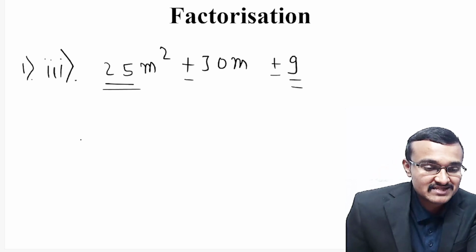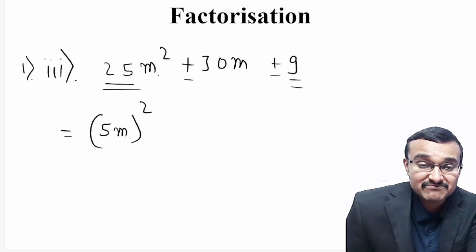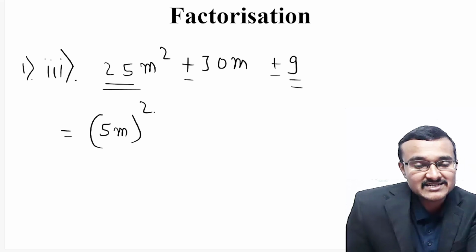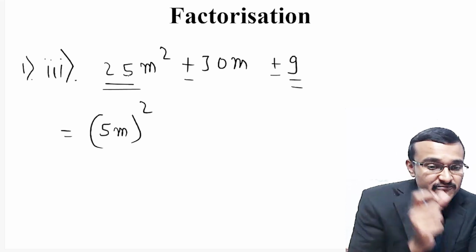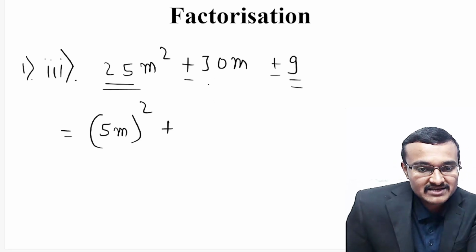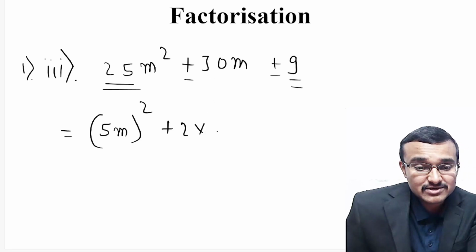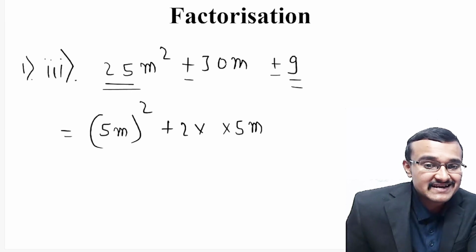In the place of 25m square, I can write 5m whole square, because I have taken the square outside and reduced 25 to 5. So 5m whole square will be 25m square. Plus 30m, and 30 can be written as 2 into 5m into 3, because 5 2s are 10, and 10 3s are 30.